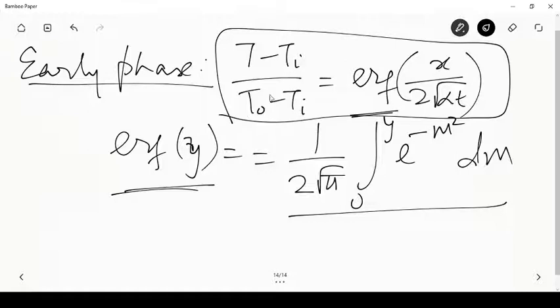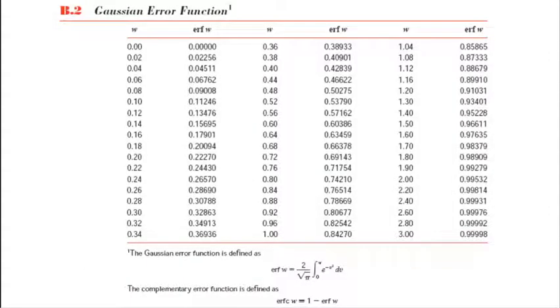Since ti and t naught are known, I can calculate the value of t. Okay, so once I specify the x and t, I should be able to get the value of the temperature t. So that is the formula that I'll use, and the table that I need to use is this table of error functions. Okay, so that is the solution for the early phase problem.